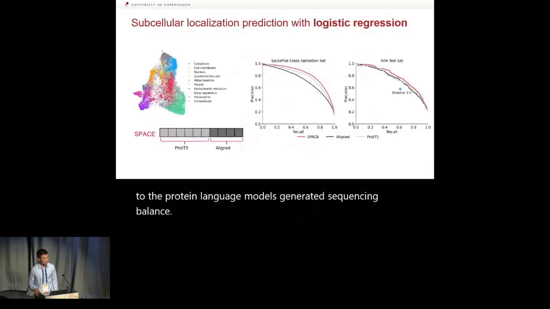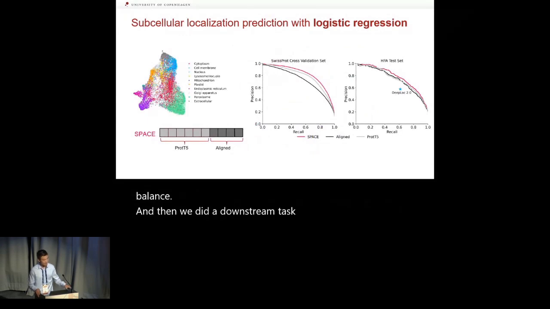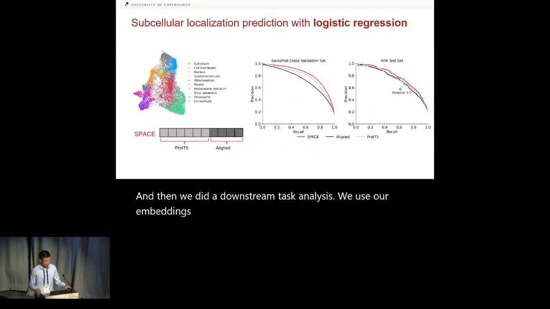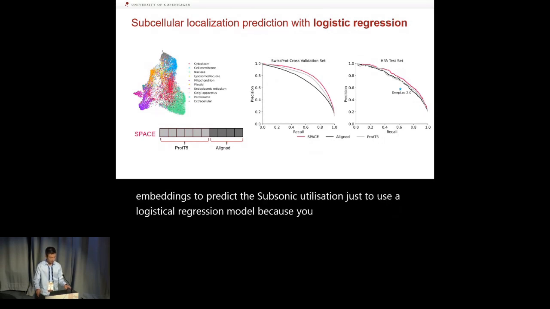And then we did a downstream task analysis. We use our embeddings to predict the subcellular localization, using just a logistic regression model, because if you get a very nice embedding, you don't need a very complex model. You should use a very simple model.